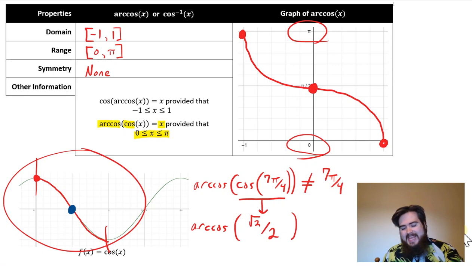This would result in an angle measure between 0 and pi, and the only value where you'd get a positive ratio of root 2 over 2 within that range for cosine is actually just pi over 4. Be very careful about those circumstances. A lot of the examples you will see in this section focus on that concept.